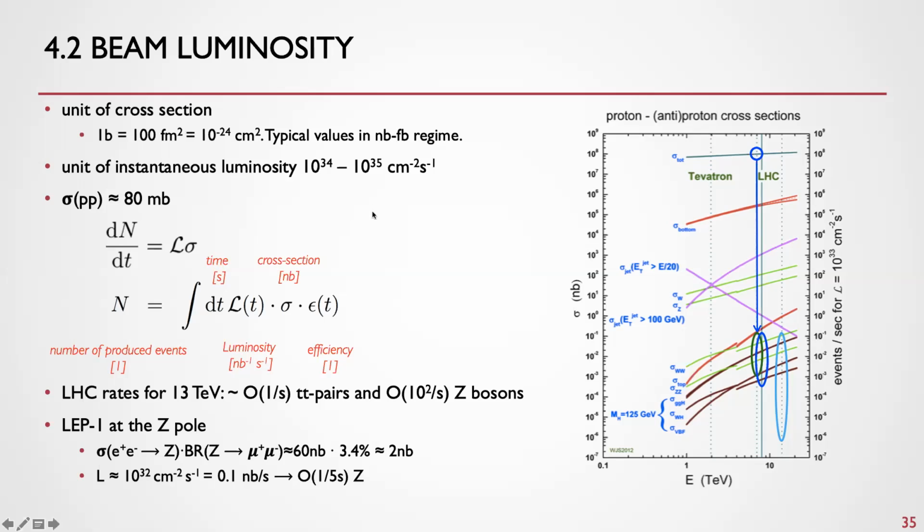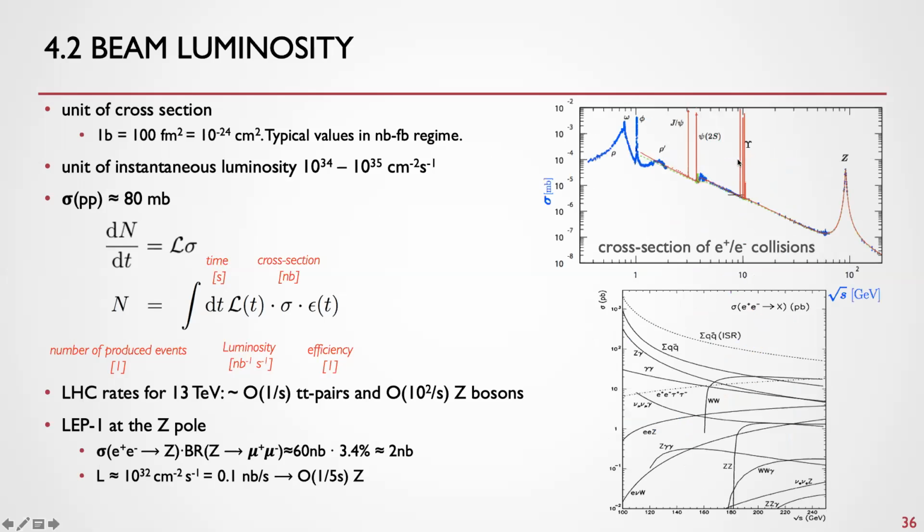Let's look at e+ e- colliders, because these are hadron-hadron, proton-proton machines with very large production cross sections of roughly 80 millibarn. If we look at the LEP collider, the top plot shows the cross section of e+ e- collisions as a function of square root s, the collision energy.